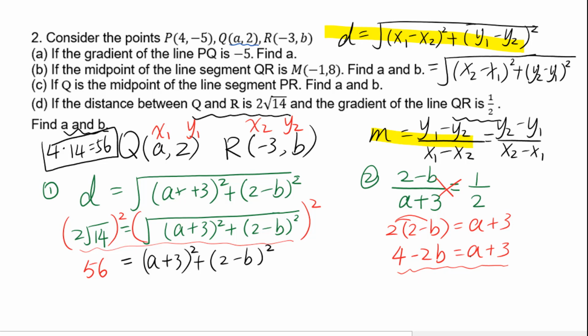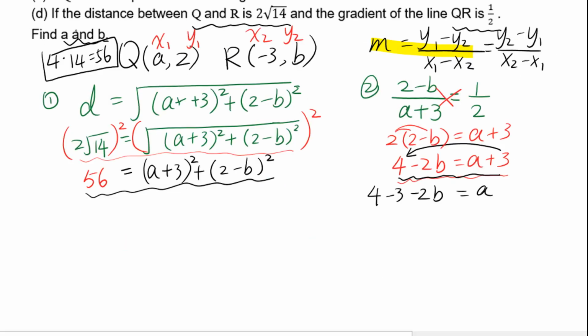Therefore, I want to get either a equals or b equals for this linear function. A equals is easier, so cross the river, change the sign. 4 minus 3 minus 2b equals a. Then you get a equals 1 minus 2b.